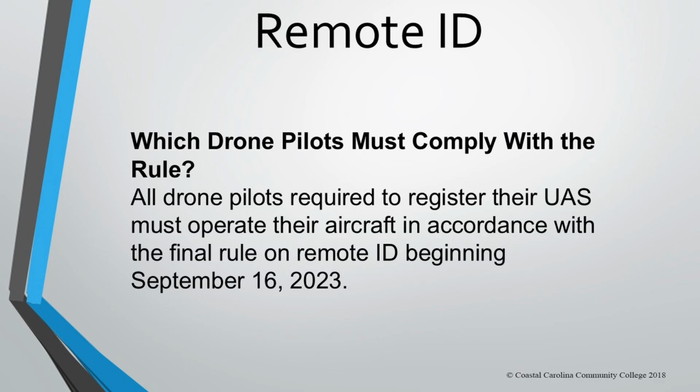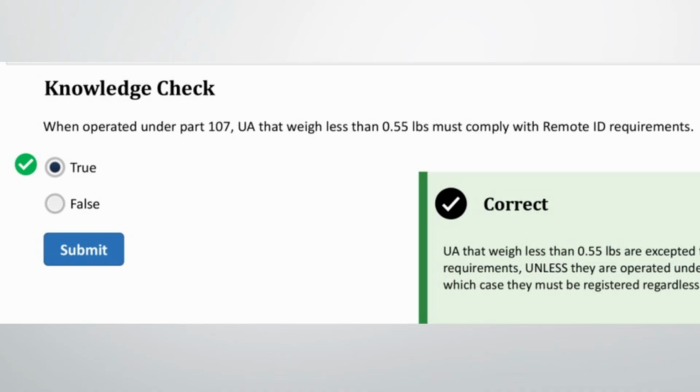Who must comply with the rule? All drone pilots required to register their drone must operate their aircraft in accordance with the final rule. So, just a check: when operating under Part 107 and the UA weighs less than 0.55 pounds, must it meet remote ID requirements?